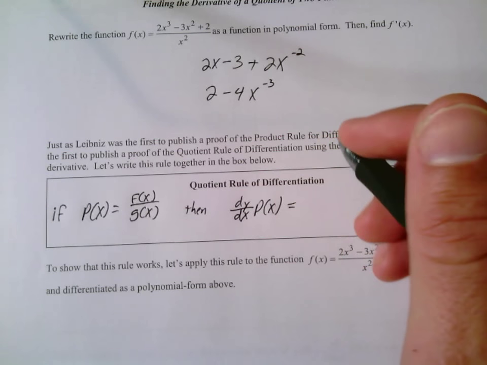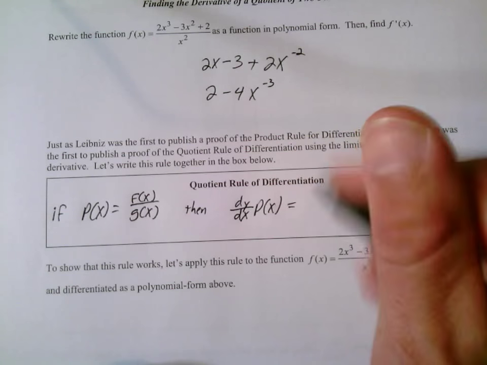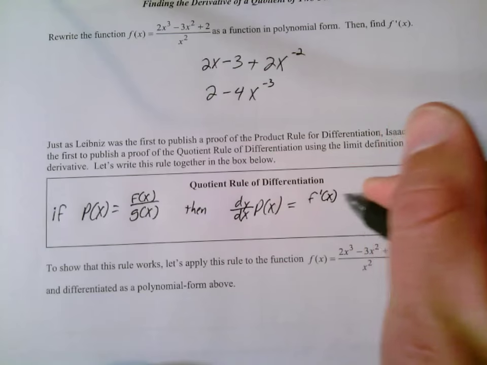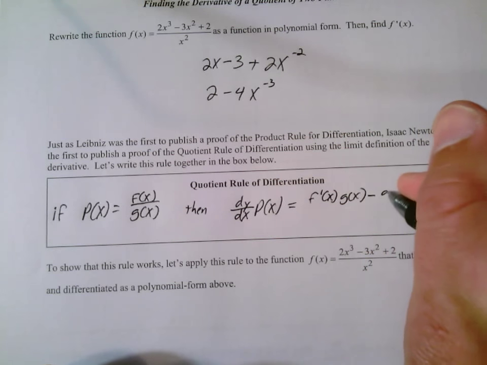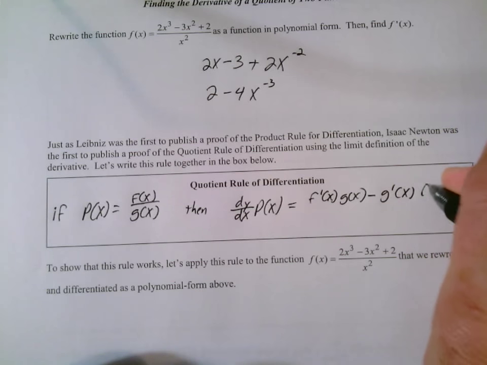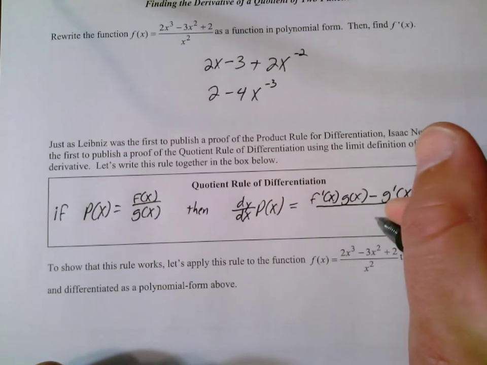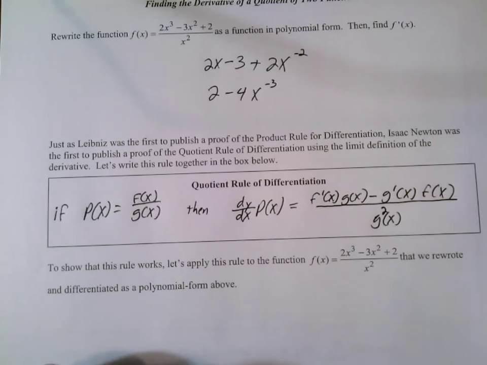I love prime because it's so easy to write. The derivative of p of x is the derivative of the top times the bottom minus the derivative of the bottom times the top. All of that over the denominator squared.